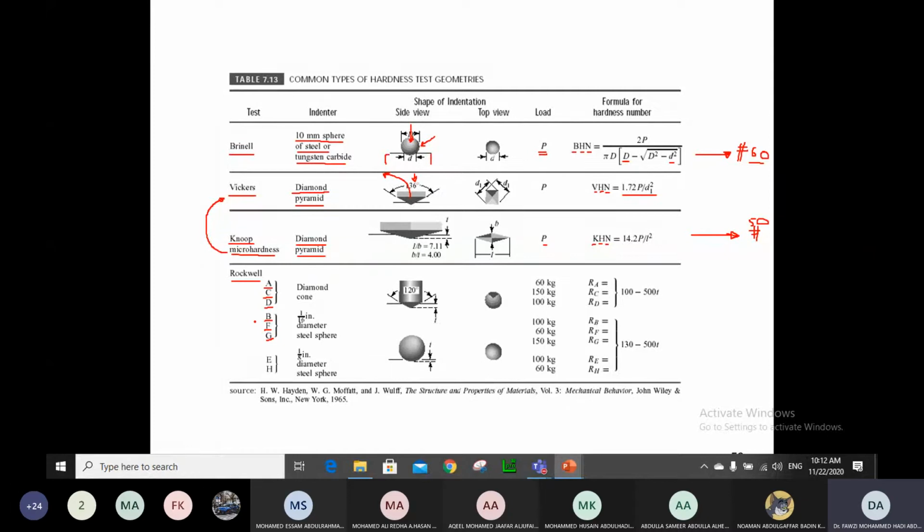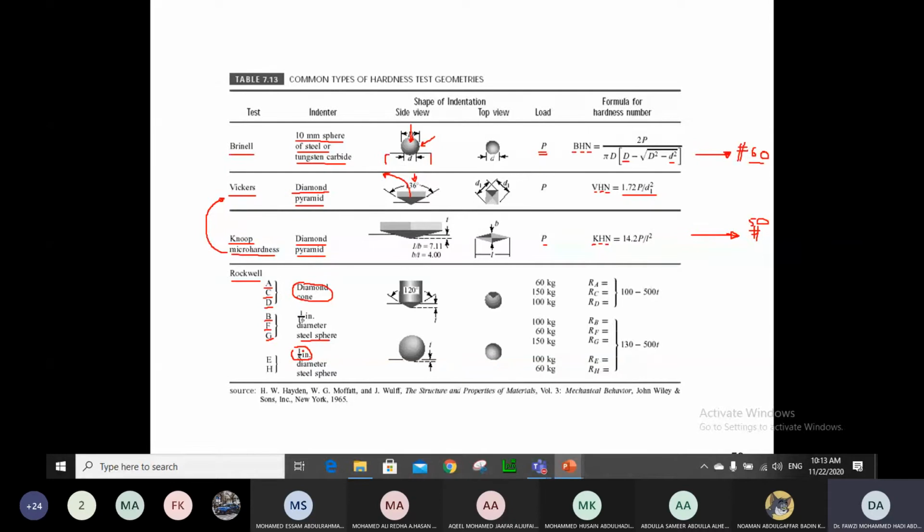For scales A, C, and D, we use a diamond cone. For scales B, F, G, we use another dimension, a 1/16 diameter steel sphere, basically. Here you use a cone, here you use a sphere, here also you use a sphere, but in the other scales you use a different dimension of the sphere.